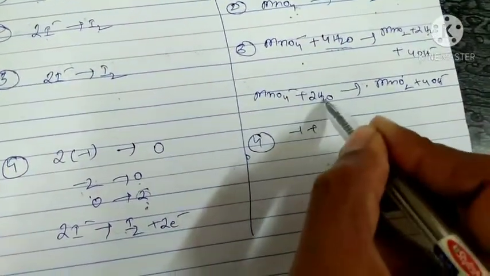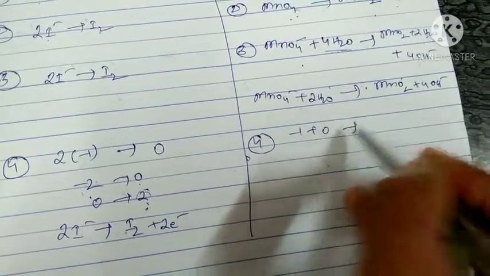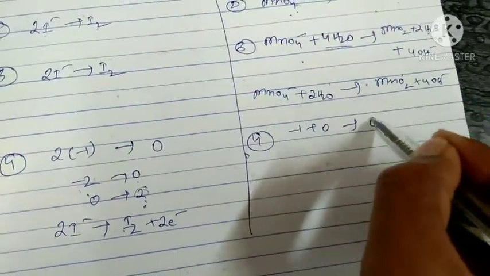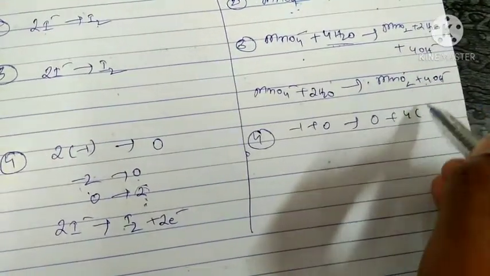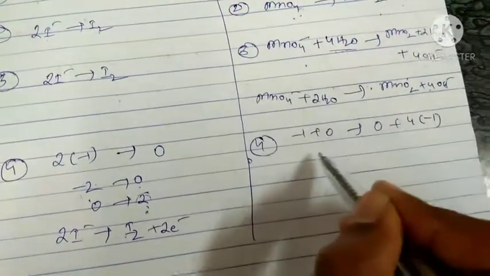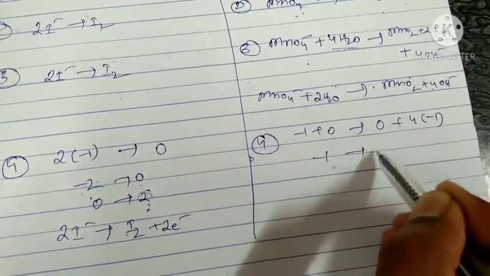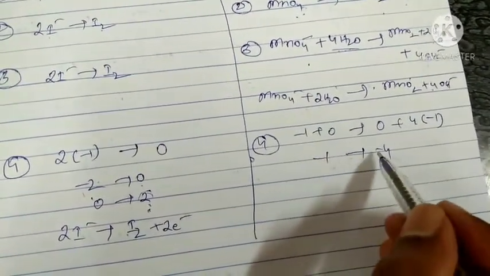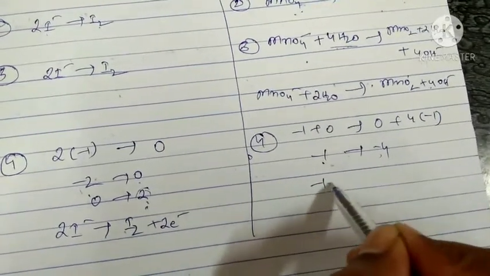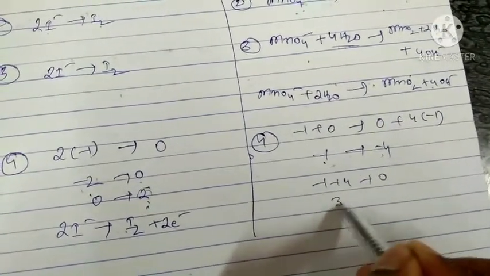Here also the same thing. Here the charge is how much? Minus 1 plus 0, because this is a neutral molecule, gives rise to MnO₂, that is also neutral, plus 4OH⁻, that means 4 into minus 1, we should consider the coefficient also. Minus 1 plus 0 minus 1 gives rise to minus 4. When will we get a positive value? If this minus 4 comes to the left side, then minus 1 plus 4 gives rise to 3, which gives rise to 0.